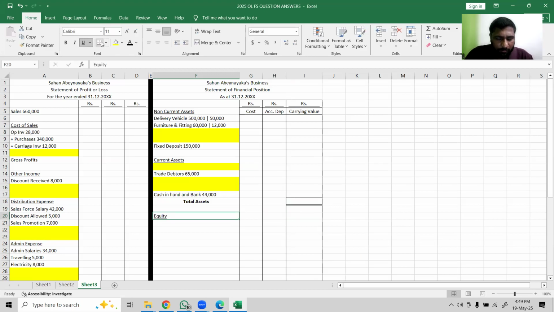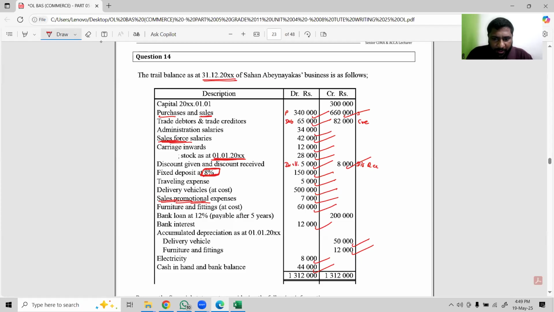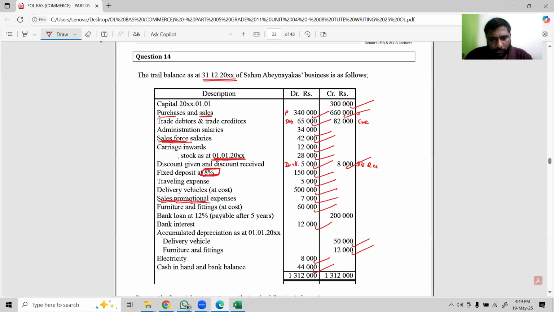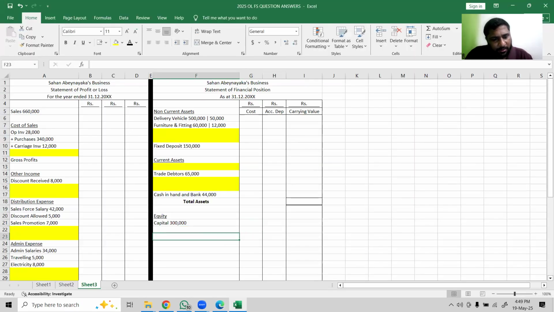Then equity, the first one is capital. At the top itself, they have given 300,000. Nothing else is there. I think we recorded everything except for creditors and the bank loan. So we'll leave maybe 3 lines.